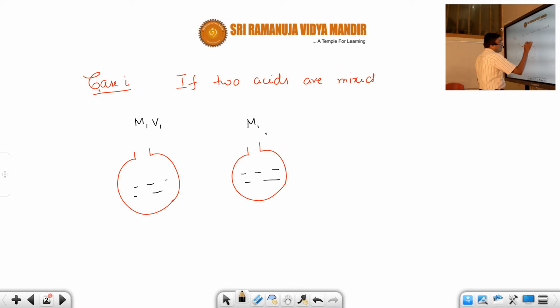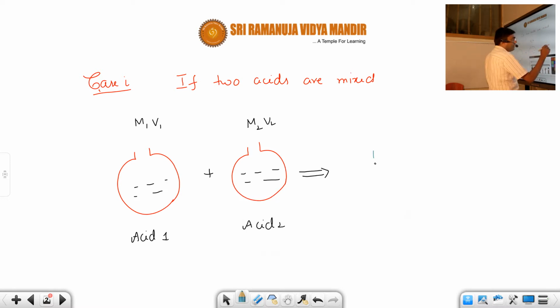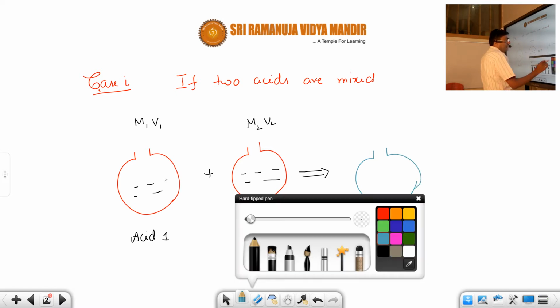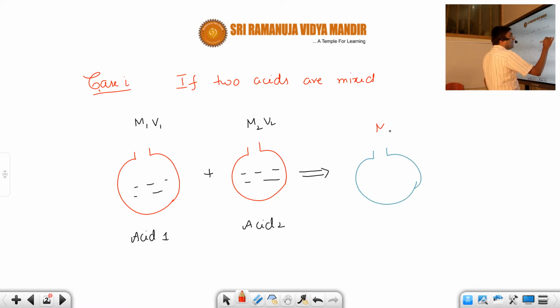This one has M2 and V2, and both are mixed. This is acid 1 and this is acid 2. The question is, what is the resultant molarity, MR, when you mix these two?